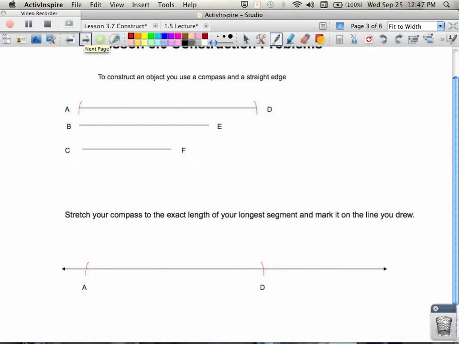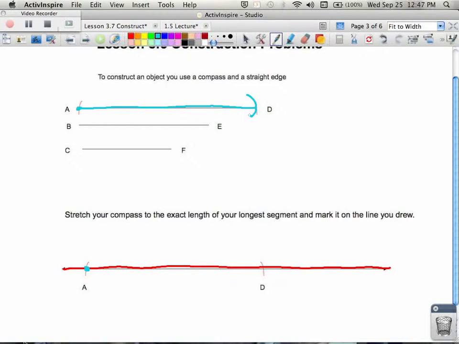Next, after you've drawn that long line past it, you're going to take your compass point and place it on A, on the left side of the segment. Put it down. You'll see a hole in your paper. Stretch your compass out all the way to the end of that segment and make an arc.